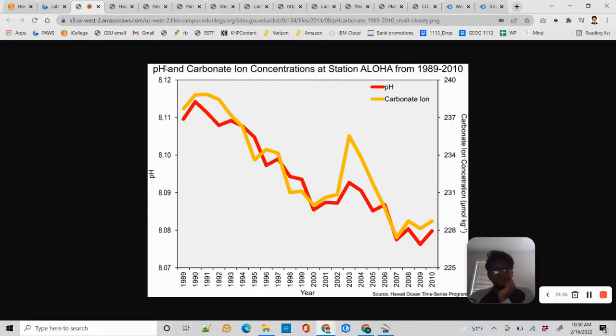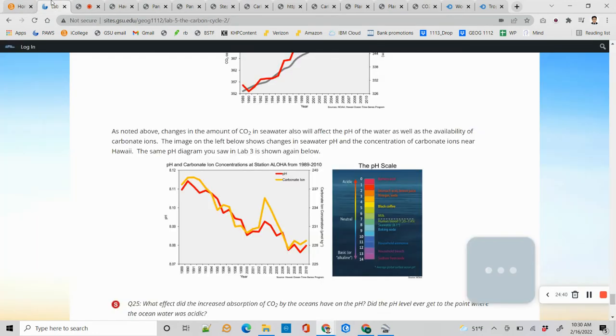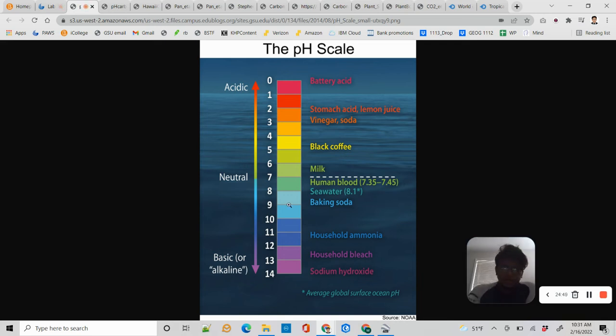This graph is talking about the pH. I believe you studied that pH scale in lab 3. If you look at the pH scale, pH 7 means neutral.